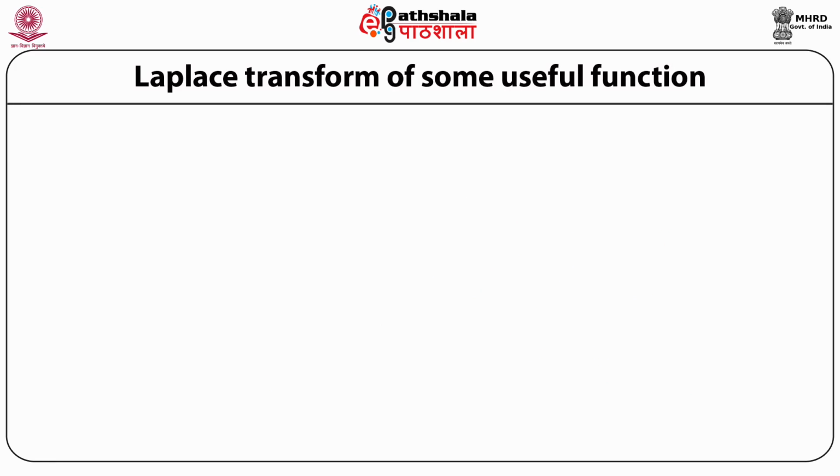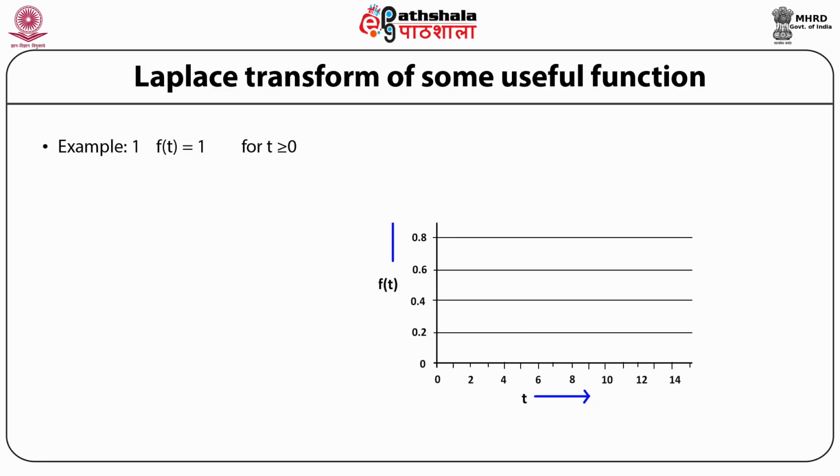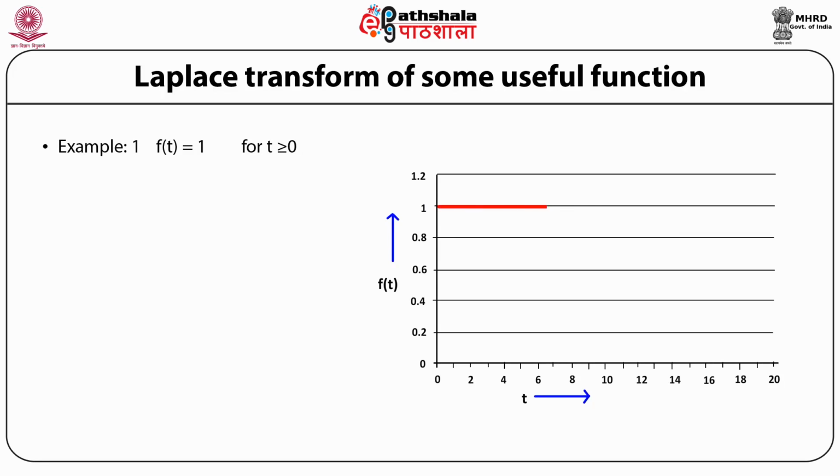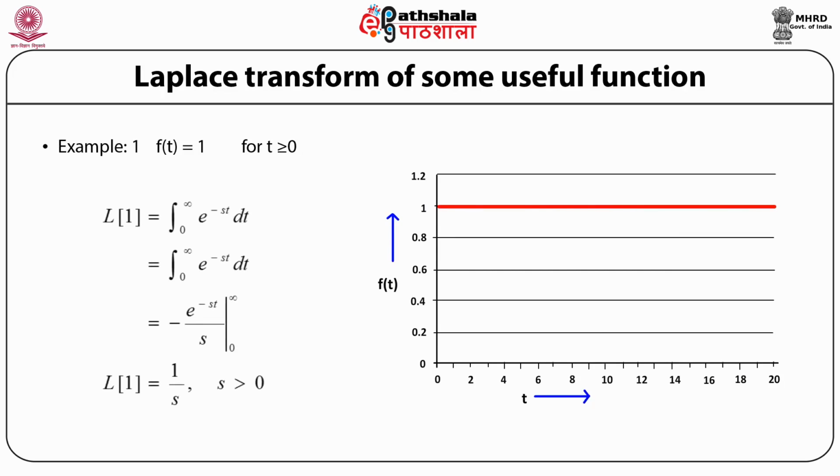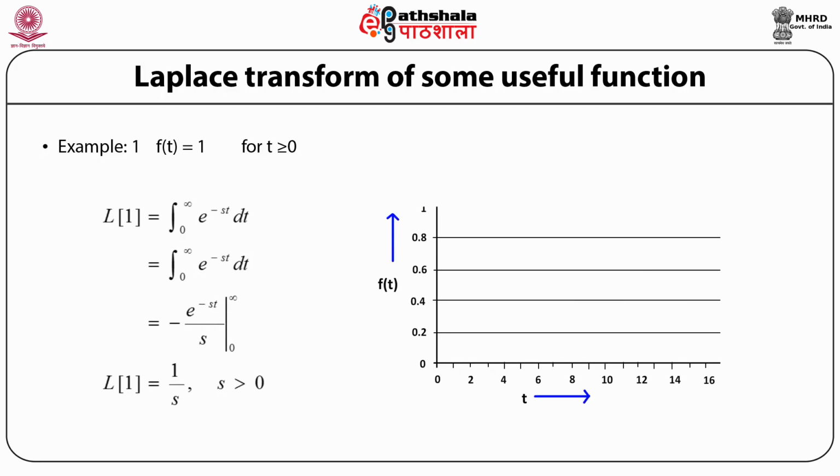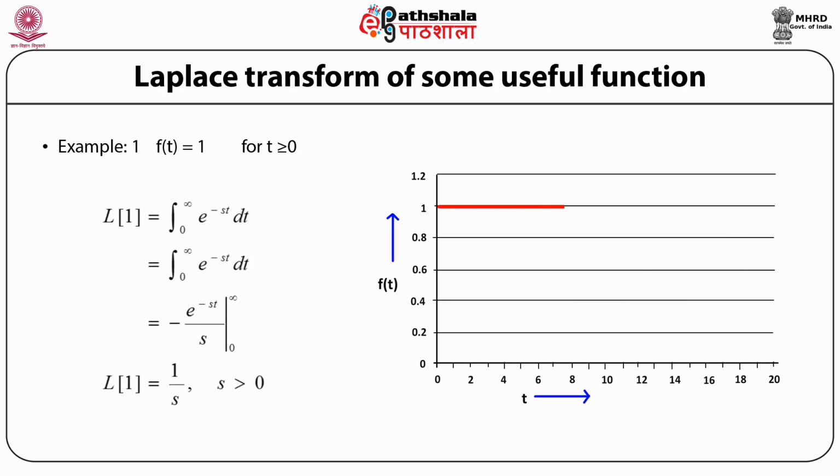Let us see Laplace transform of some key useful functions. Let us assume f of t is 1, and you can do the same thing for any f of t which is a constant. So Laplace of 1 is equal to integral 0 to infinity e power minus st into dt, and when you integrate, you will get minus of e power minus st divided by s evaluated between 0 and infinity.